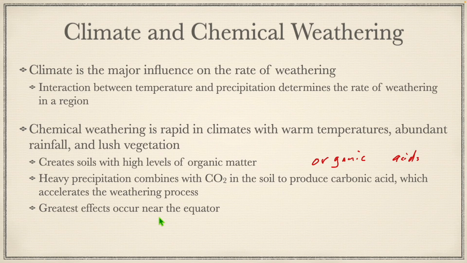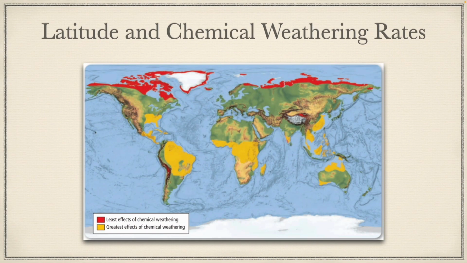The greatest effects occur near the equator because you have high temperatures and usually high rainfall. Again, water is one of the key things involved in chemical weathering. Latitude and chemical weathering rates: the red areas have the least effects of chemical weathering. Why?